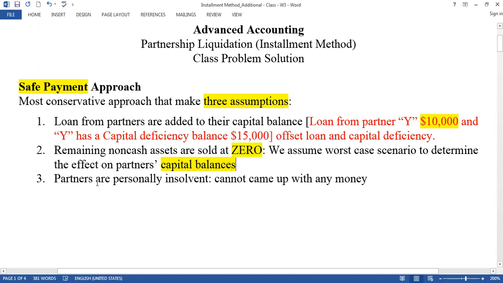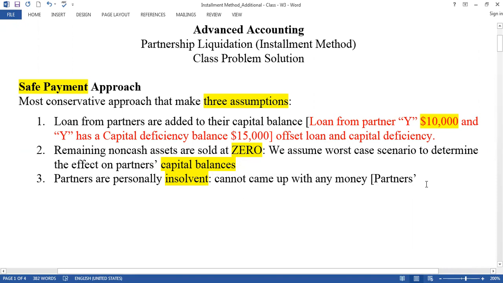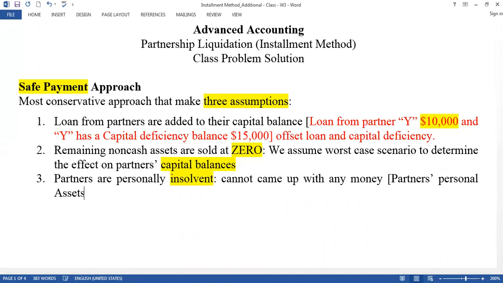And another important assumption is that partners are personally insolvent. What is the meaning? The meaning is that the partners' personal assets are lower than their personal liabilities.